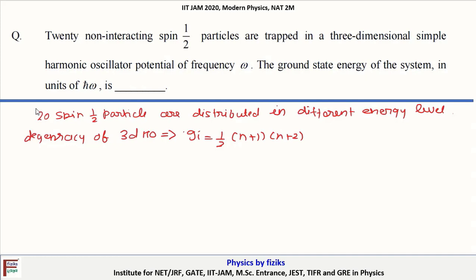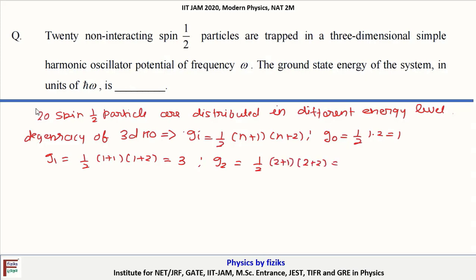So let us take the ground state: G0 has degeneracy 1 by 2, 1 into 2, that is 1. G1 has degeneracy 1 by 2, (1 plus 1) into (1 plus 2), that is 3. G2 has degeneracy 1 by 2, (2 plus 1) into (2 plus 2), that is 6.